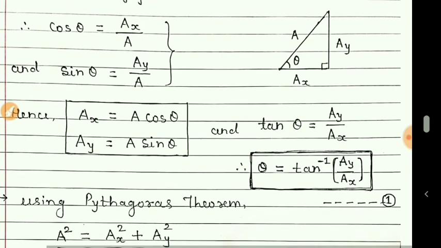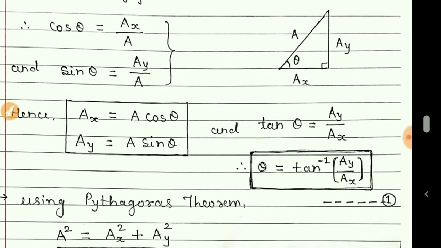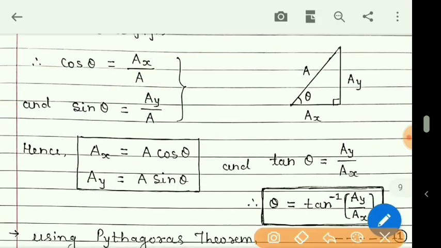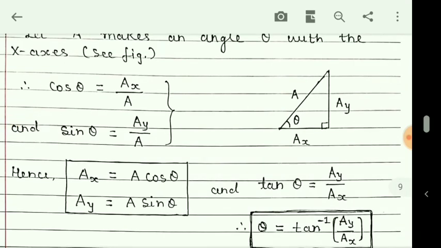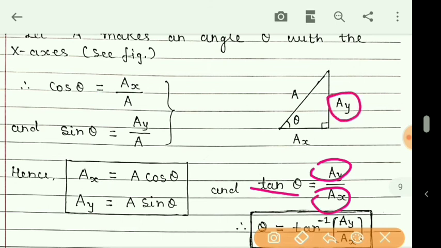Also, with respect to this angle theta, this is the opposite side and this is the adjacent. So opposite upon adjacent is tan theta. And so tan theta is equal to opposite upon adjacent, that is, this is the opposite and this is the adjacent.